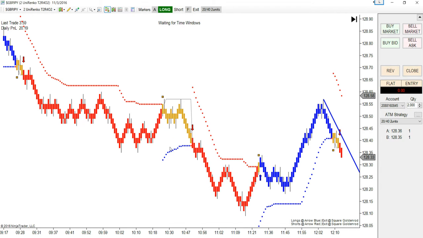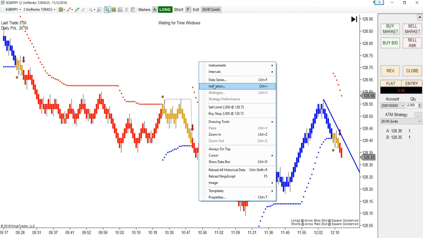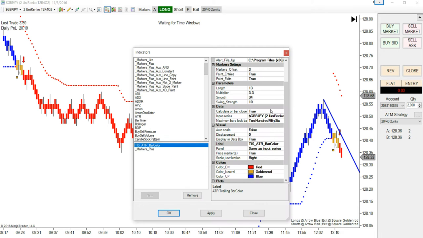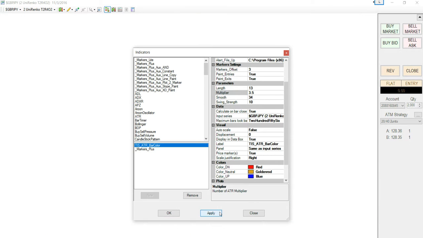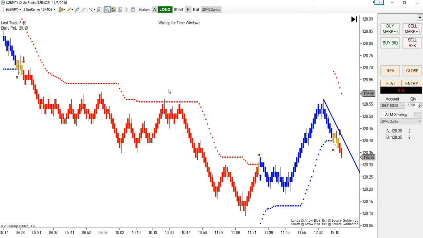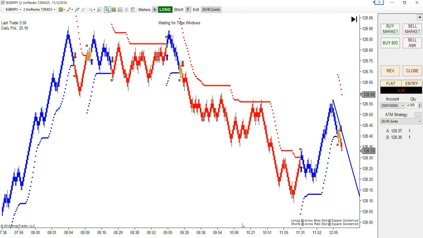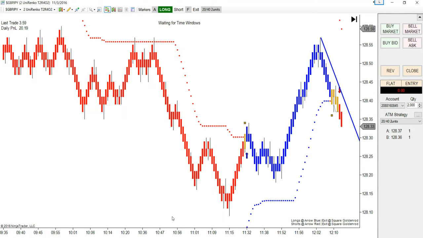Let's see if we still have this trade here. No. Let's try 3.5. Okay, see the 3.5 will keep you in this trade to the south until we get to here. So I guess the 3.5. So maybe we can try to tighten up the.